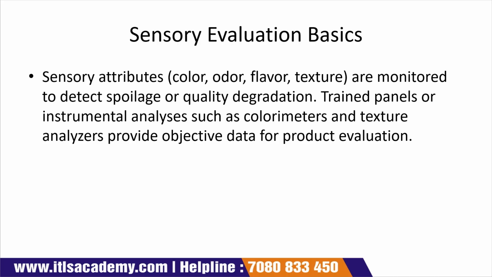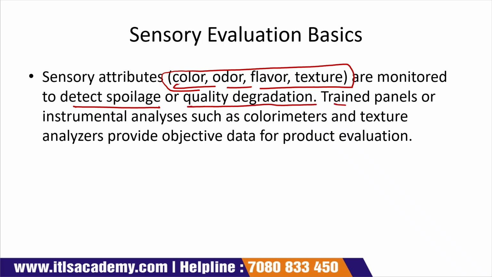Sensory evaluation basics. Sensory attributes like color, odor, flavor, and texture are the sensory attributes of the food product. They can be monitored to detect the spoilage of the food product or check quality degradation. Trained panels or instrumental analysis like colorimeters and texture analyzers are used to provide objective data for the product evaluation.